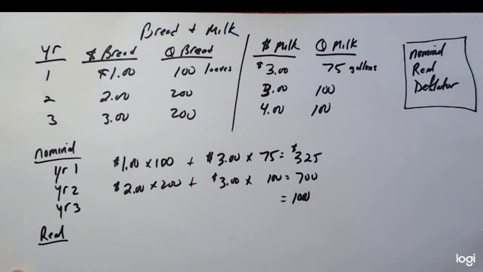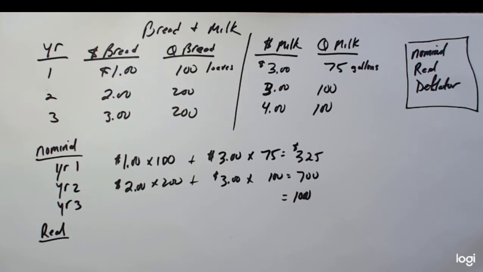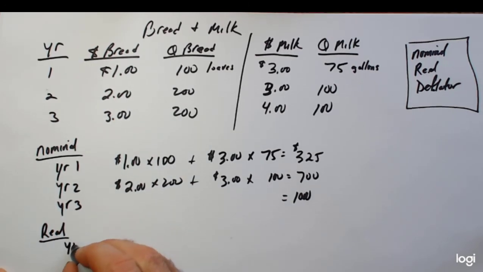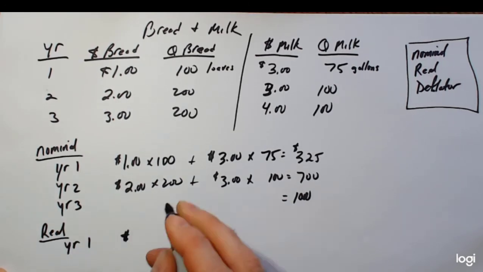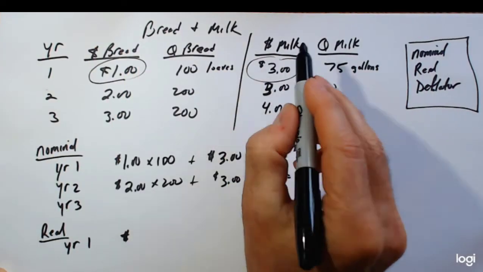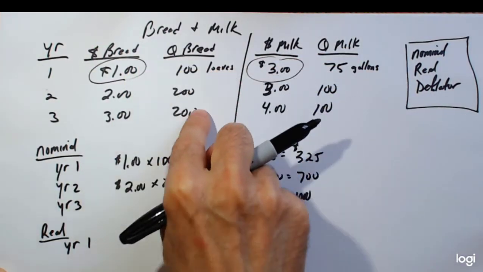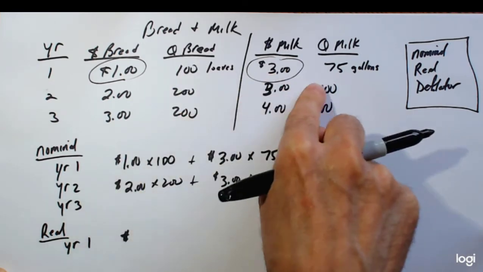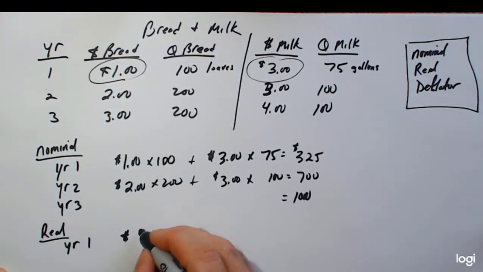It's like your real wages, for example: what can you buy in terms of goods and services with your money, and how does that change? That's real. So let's do the real calculation. The way we do the real calculation is we're going to use this $1 price and this $3 price of milk for each of the periods and just change the quantities. So this is what I mean.